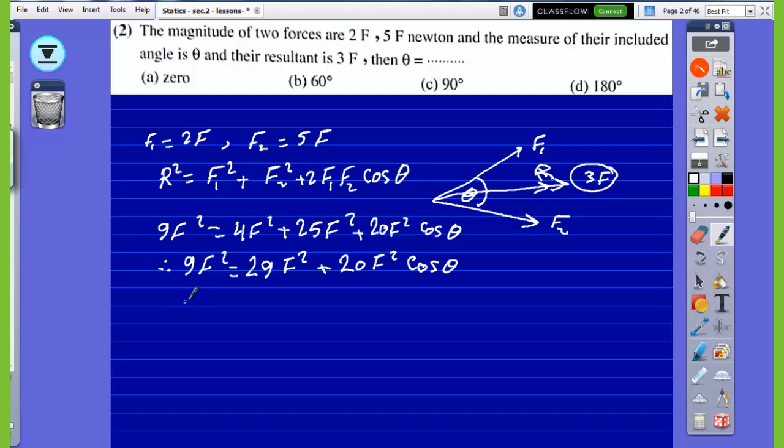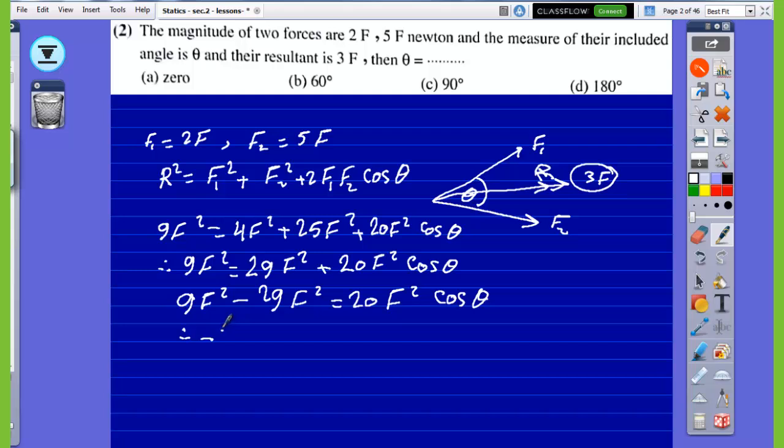So 9F square minus 29F square equals 20F square cosine theta.